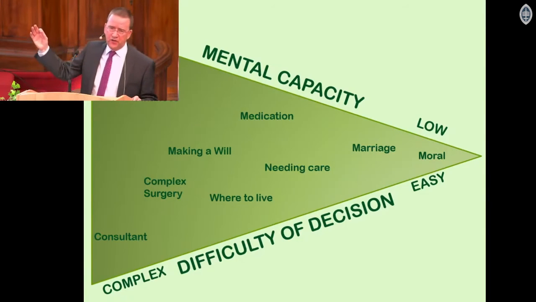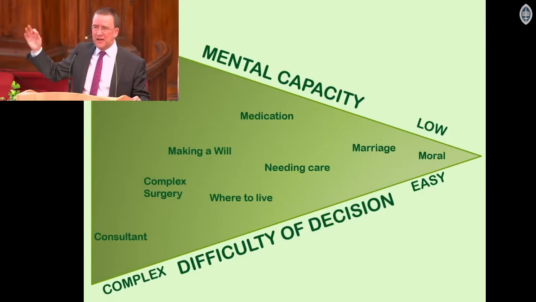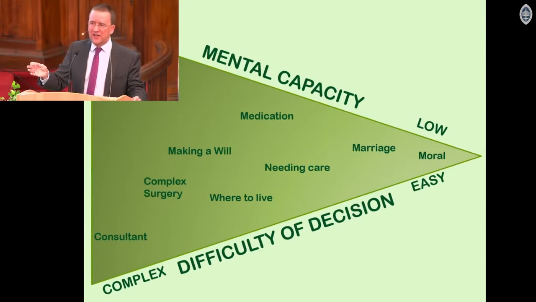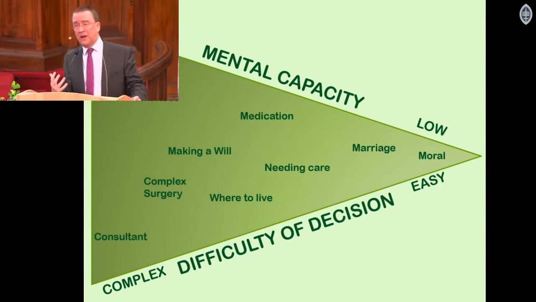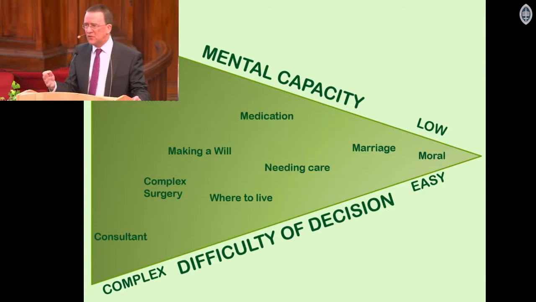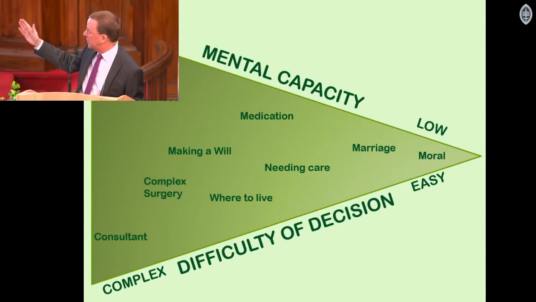A lasting power of attorney requires more mental function because we don't grow up learning about lasting powers of attorney. But it's not that difficult because it means that I'm asking this person to take care of my finances while I'm alive. Or I'm asking them to make decisions about my care while I'm alive. It's not that difficult, but it's more difficult than making a will.